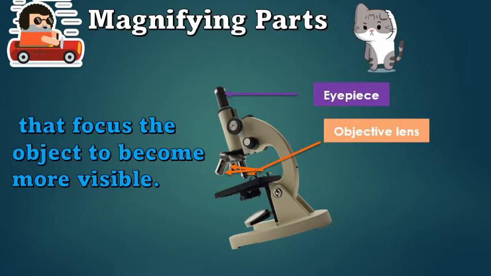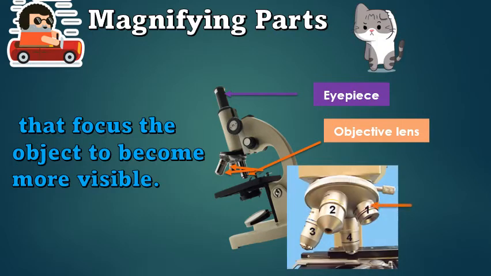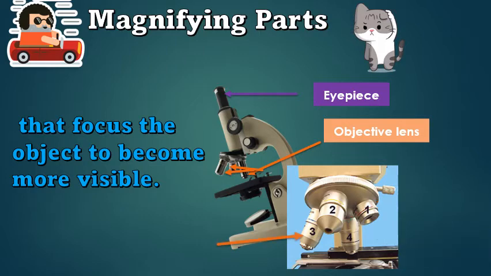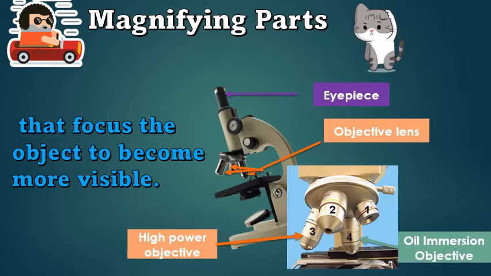Objective lens has four different types. Number one is the scanner. Number two, we have the low power objective. Number three, we have the high power objective. And number four, we have the oil immersion objective.